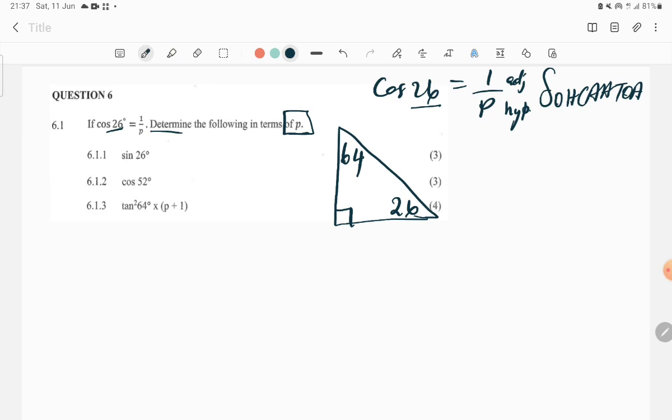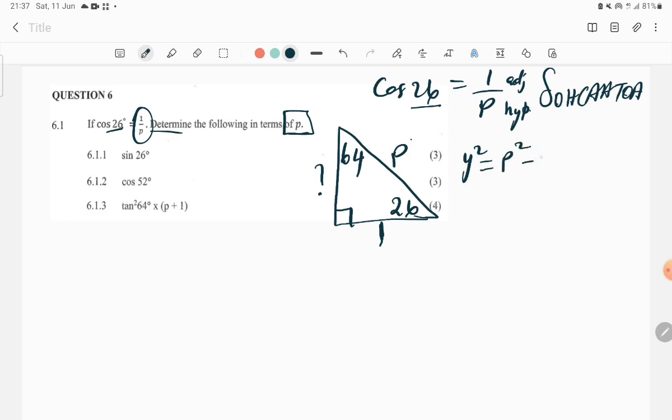Now, you have to fill in your diagram: cos 26 is equal to the adjacent side, which is 1, over the hypotenuse, which is p. Of course you are going to look for this side, and we can just call it y. Then y squared is equal to p squared.